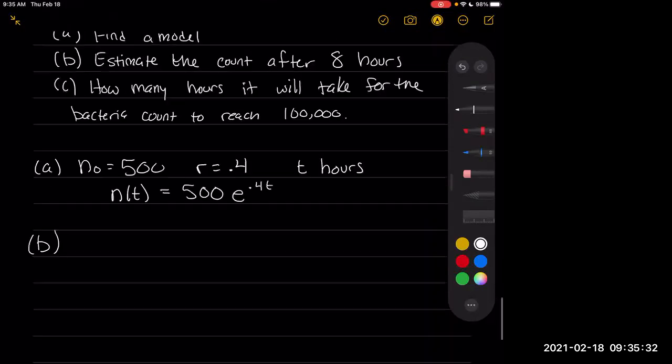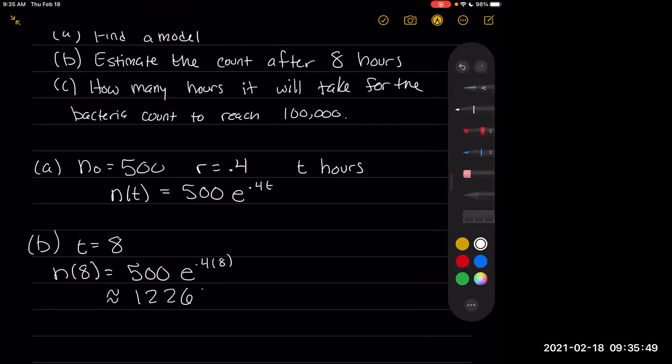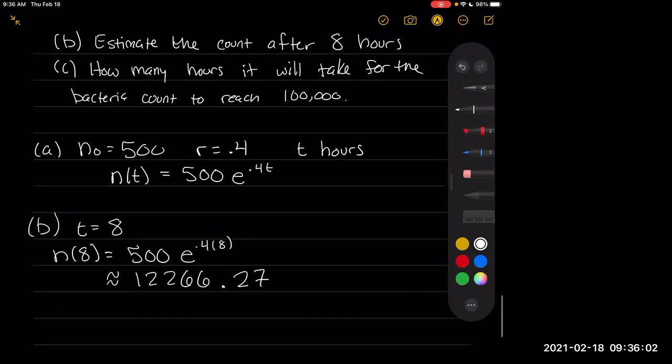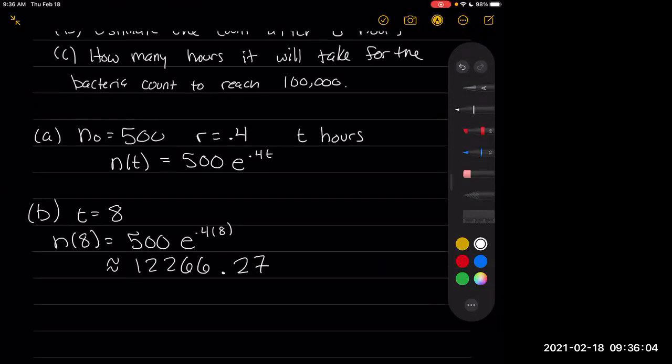So now when time equals 8, we're going to see that N of 8 is 500 e to the 0.4 times 8, which when you evaluate with a calculator is approximately 12,266.27. So after 8 hours, we'll have approximately 12,266 bacterium.